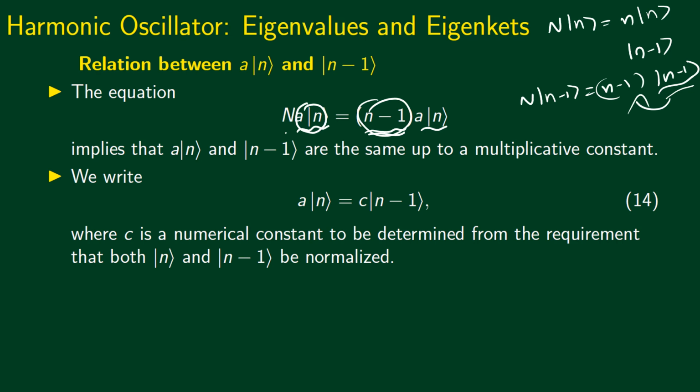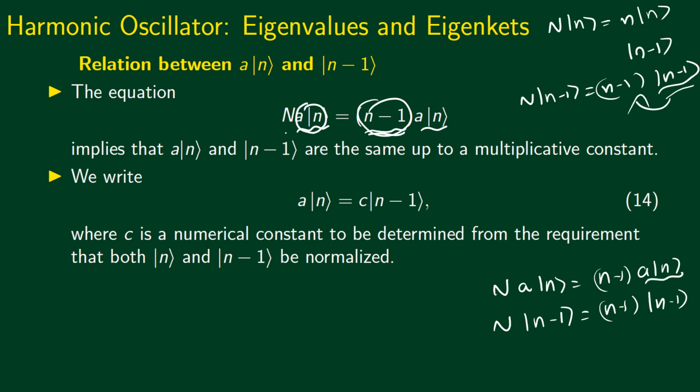Okay. Now we have n acting on A ket n is equal to n minus 1 multiplying A ket n, and n acting on ket n minus 1 is equal to n minus 1 multiplying ket n minus 1, which means that both A ket n and ket n minus 1 are eigenkets of operator n with the same eigenvalue n minus 1.